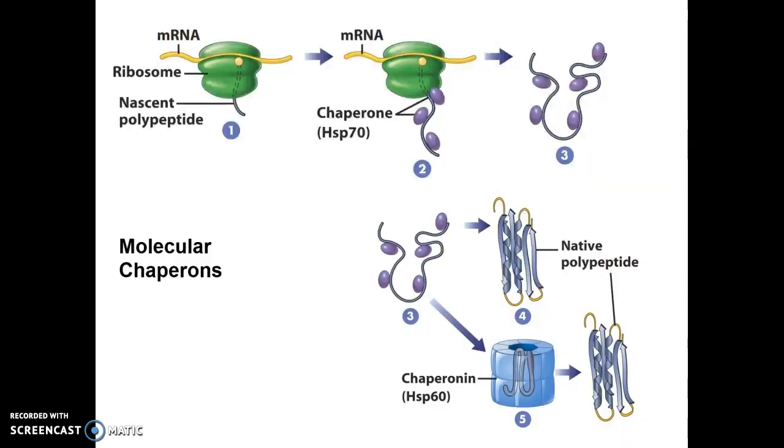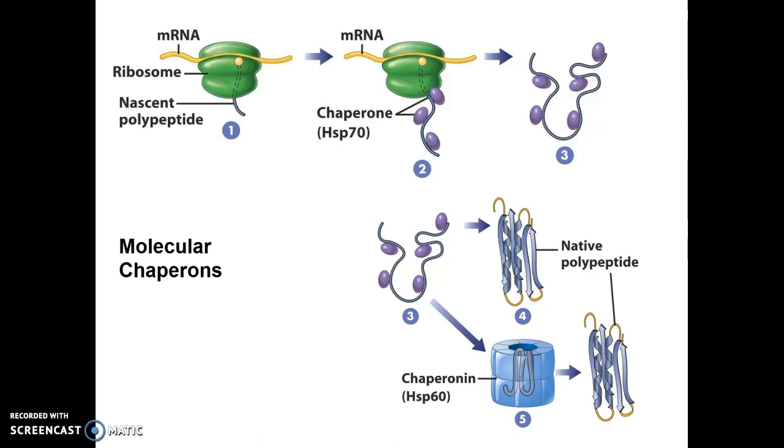So like I said before, we really don't like for protein to have any hydrophobic amino acids exposed to the water aqueous environment of the cytosol. So as the protein is being made, hydrophobic amino acids are going to be in the primary structure. And so how do we deal with that?